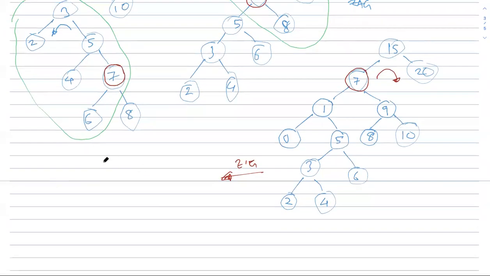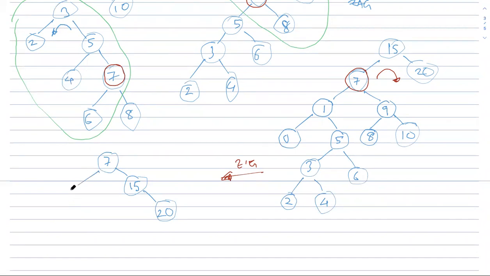So let's do that. So you have here 7 coming to the top, 15 becoming the right child of 7. And this stays as the right child.